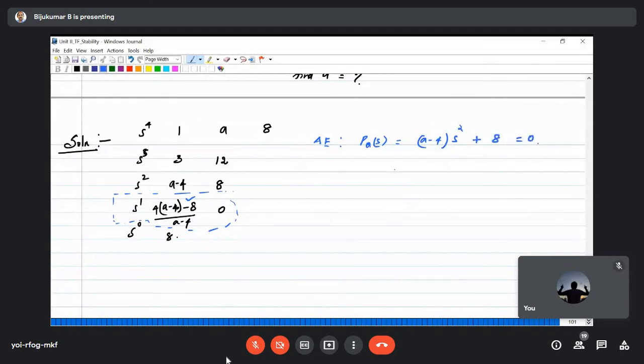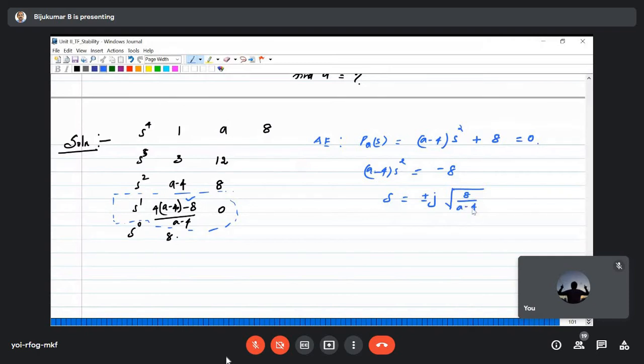So if you solve this, you can find the S value at what pole it is oscillating, right? A minus 4 s square is equal to minus 8. So what is the value of S? Since minus is there, it will become plus or minus j square root of 8 by A minus 4, right?